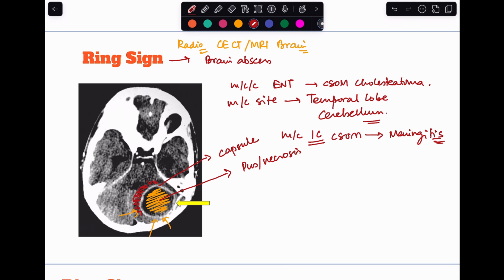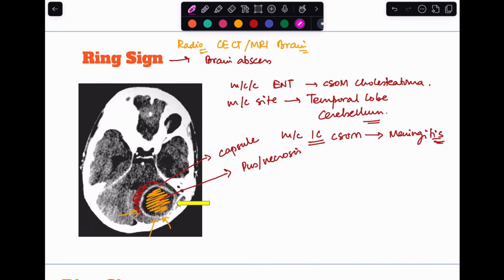Okay. And one last question regarding this is, just because you see a ring sign on a contrast enhanced CT or MRI, you should not be jumping to the conclusion that this is only a brain abscess, because this has multiple differential diagnoses.